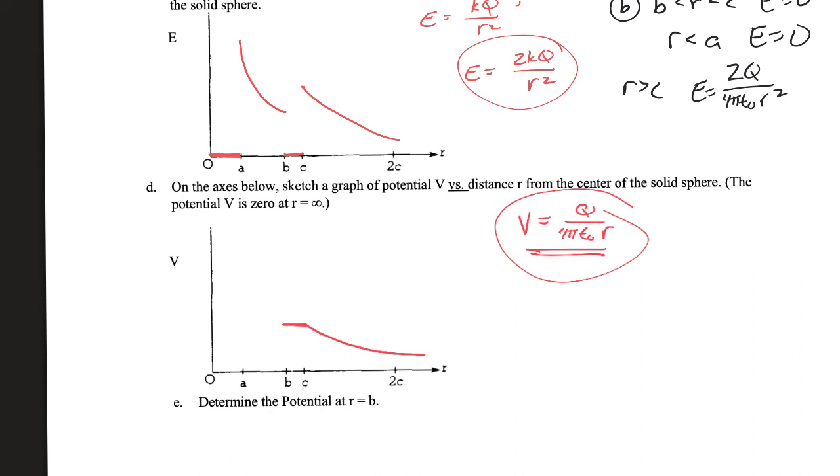Now, for some of you, that's got to freak you out a little bit, because you're like, well, wait. If I just plug in B or C in this expression for the electric potential, I would get different values here or here. Because B is smaller. Shouldn't that mean the electric potential is bigger? The answer is no, because that's not how we solved for the electric potential.